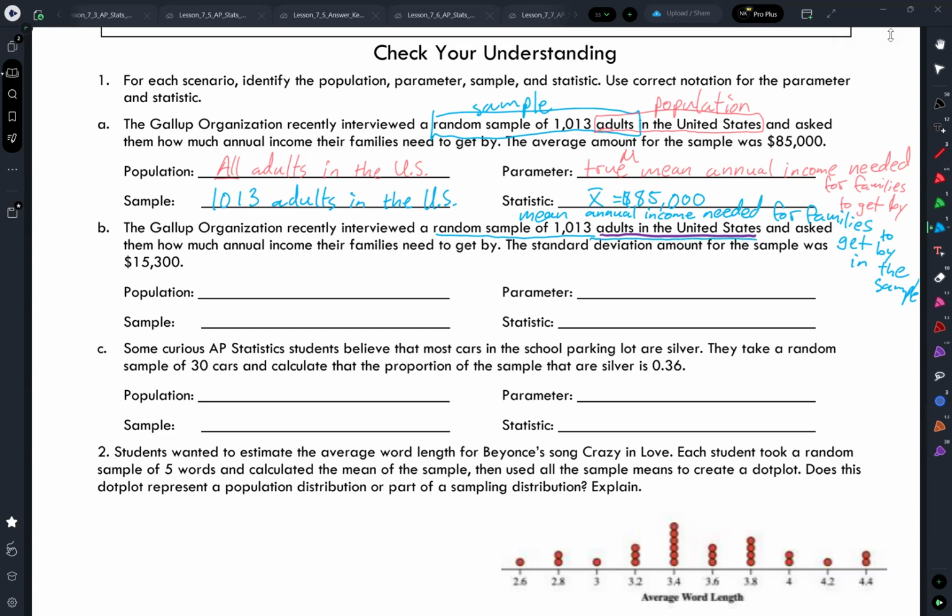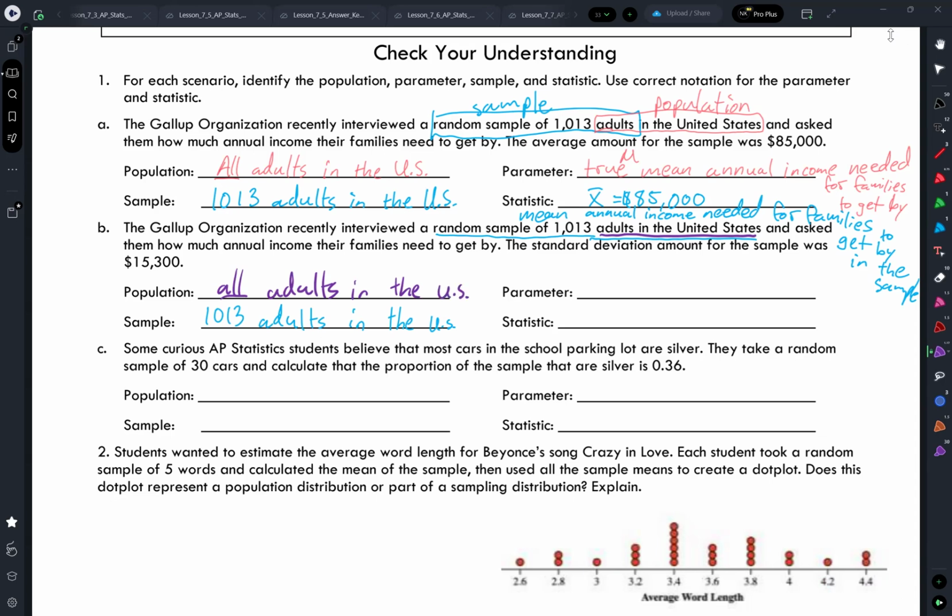So my sample is the 1,013 adults in the US, whereas the population is all adults in the US.